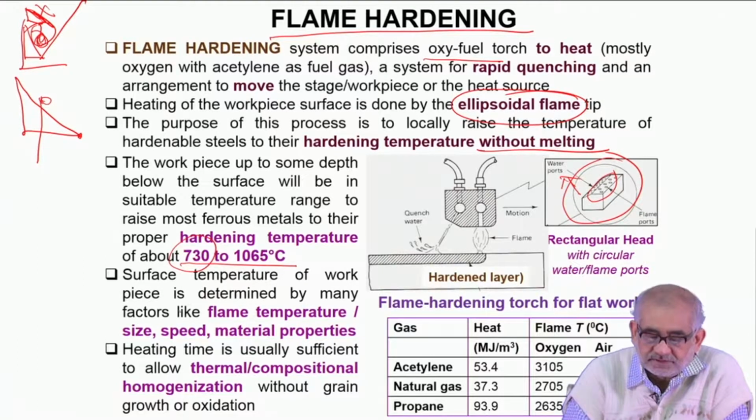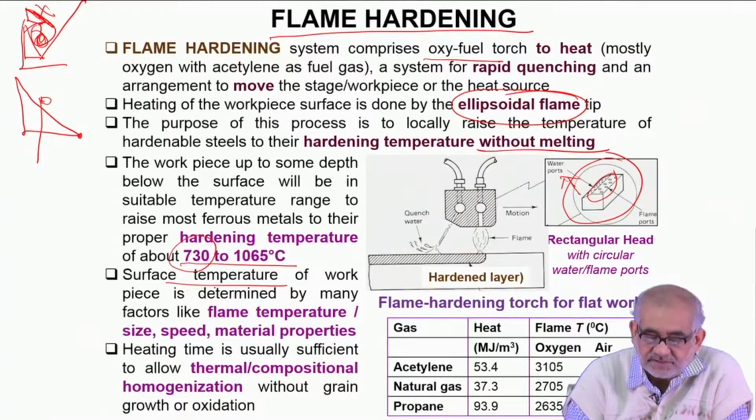So typically the temperature that we generate onto the surface, now this is what we are talking about, the temperature of the stock, but the flame temperature certainly would be a little higher because you are heating up through radiation from the flame.